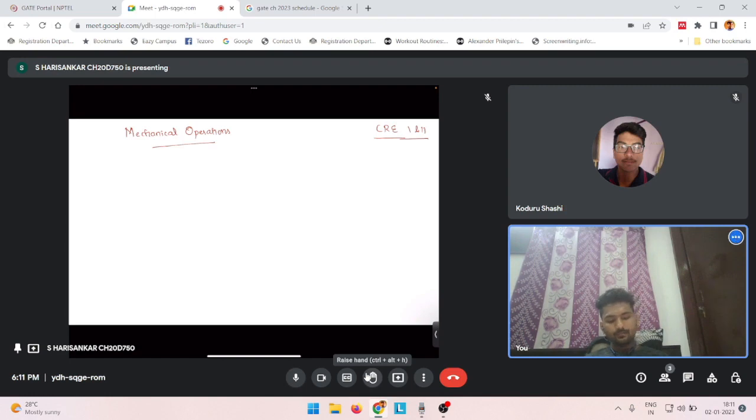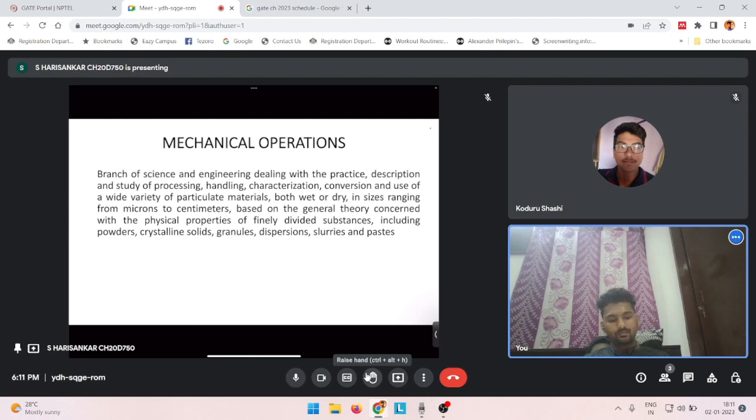So mechanical operations, by definition, is a branch of science and engineering dealing with the practice, description, and study of processing, handling, characterization, conversion, and use of a wide variety of particulate materials, both wet or dry, in sizes ranging from microns to centimeters, based on the general theory concerned with the physical properties of finely divided substances, including powders, crystalline solids, granules, dispersions, slurries, and pastes.